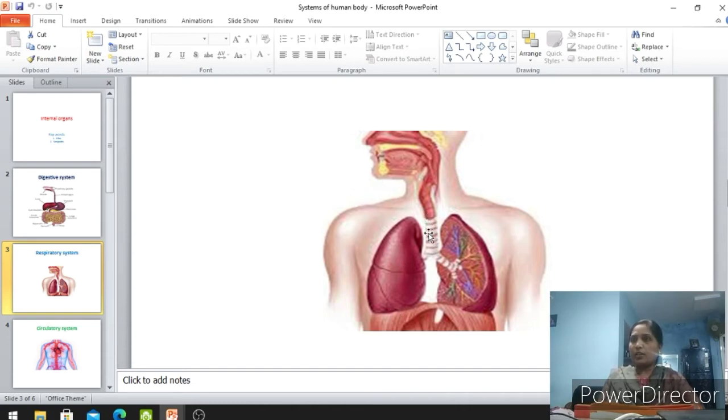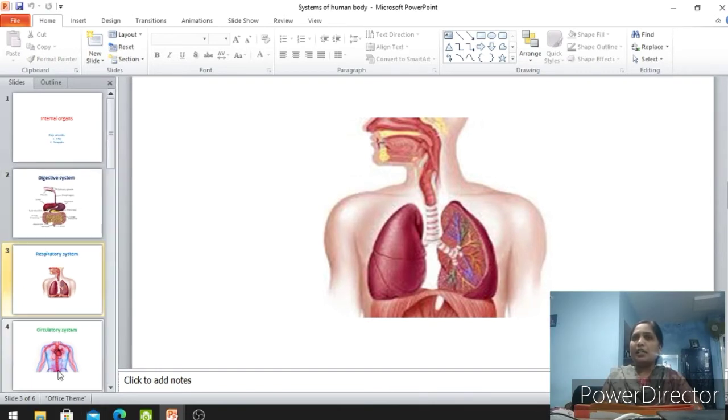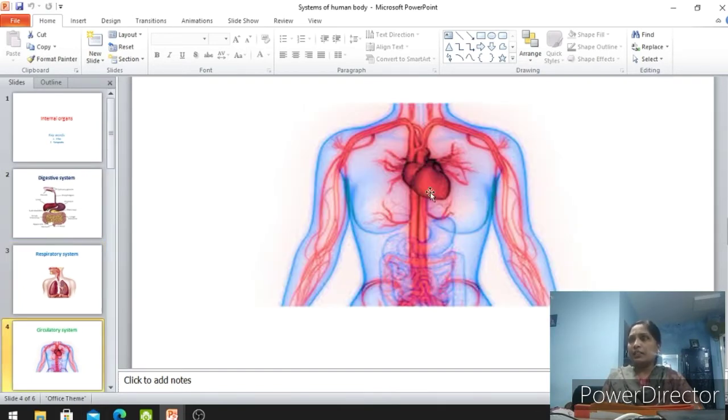Respiration means taking the oxygen and with the help of oxygen breaking down the food and releasing energy for our body, called respiration. So lungs are helping in this process. And the next internal organ is your heart, which is related to circulatory system.